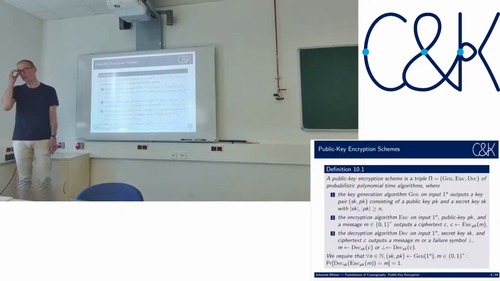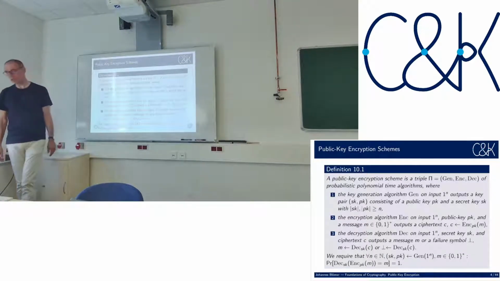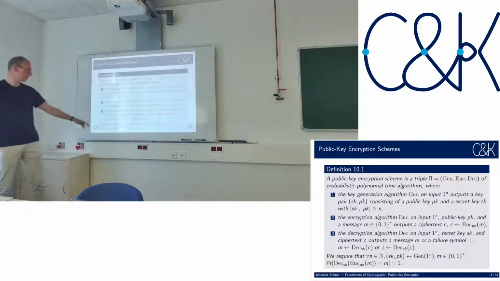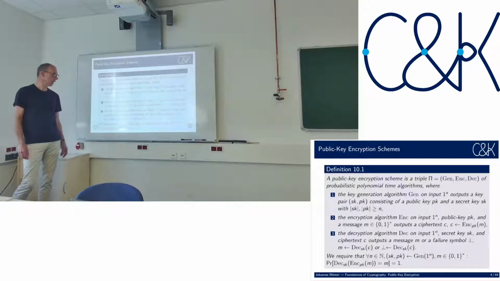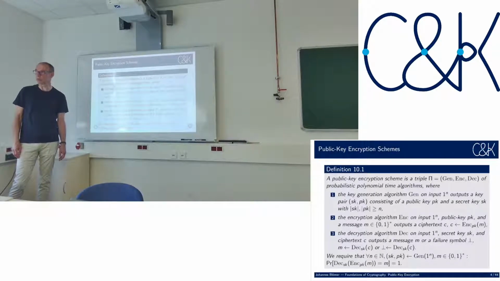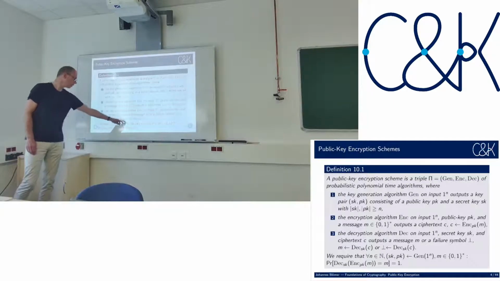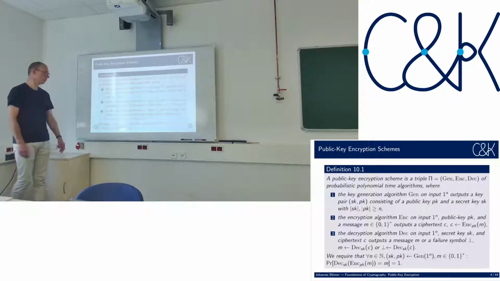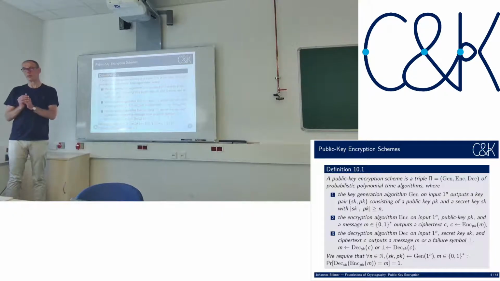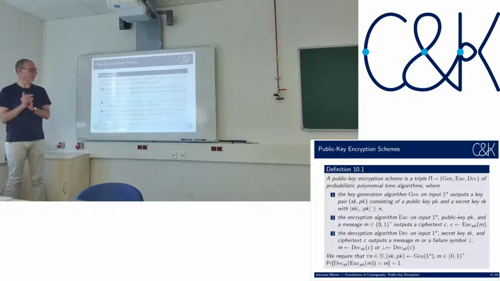Again, the decryption algorithm may be probabilistic, so this is again a random variable. In most cases, this decryption algorithm is actually deterministic. It's also, as I said, allowed to output a failure symbol, which is not a message, so the failure symbol is not a {0,1}* sequence.